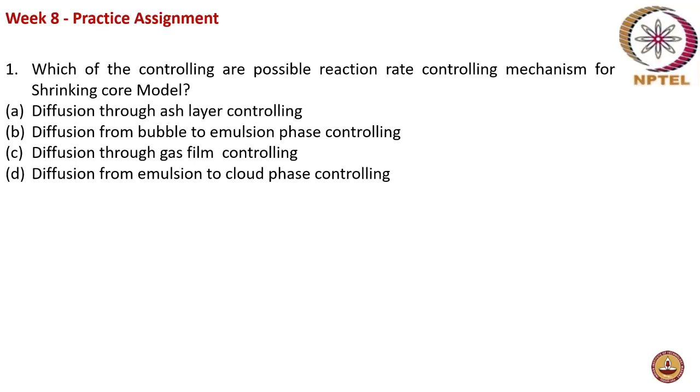Yes, ma'am, I'm here. Which are the possible rate controlling mechanisms for shrinking core model? Diffusion through gas film controlling. Okay. Is there anything else, or only diffusion through gas film controlling? Only gas film controlling. Okay. So you're saying option C. Can we just check the answer?